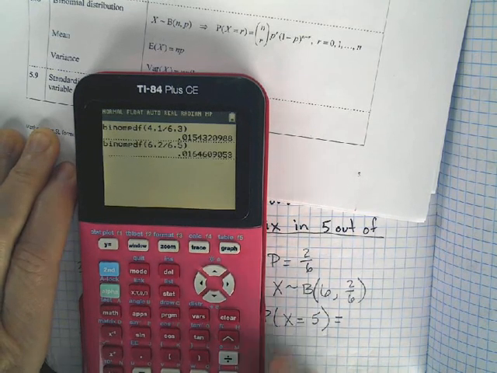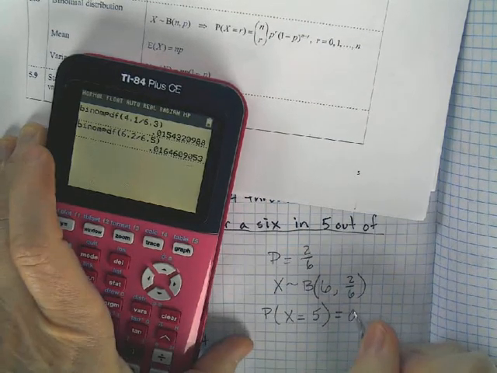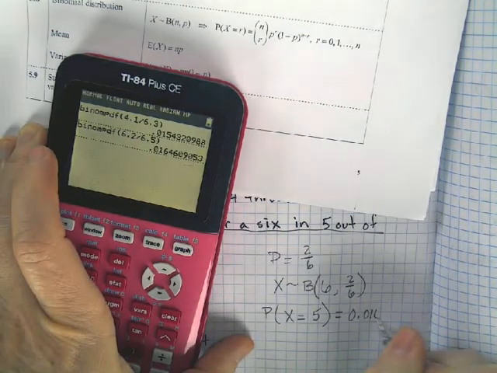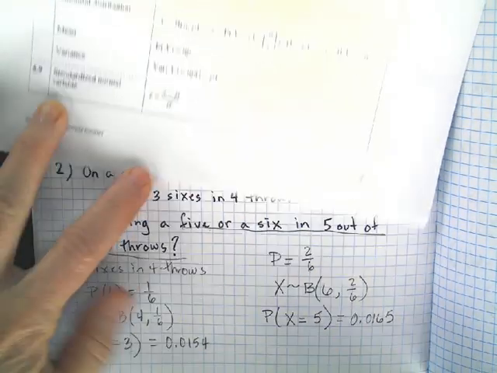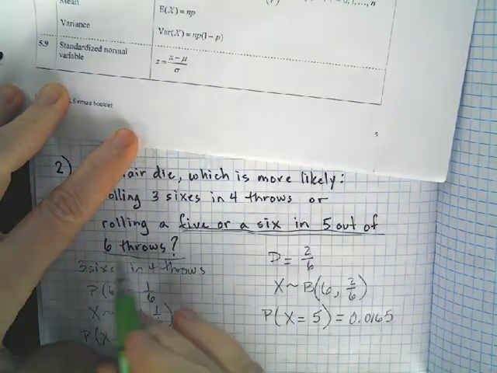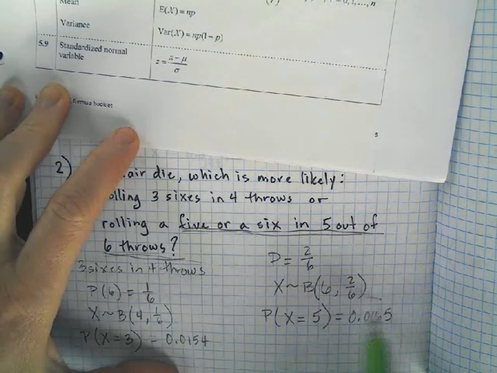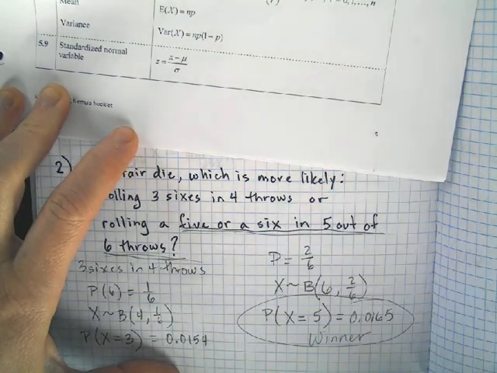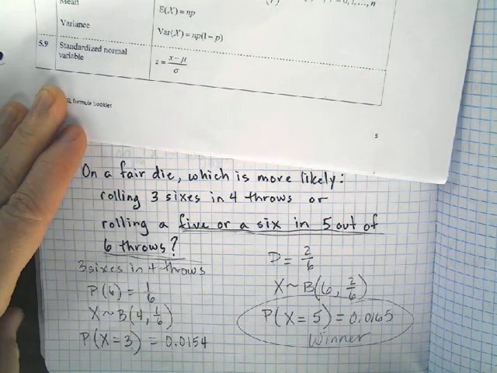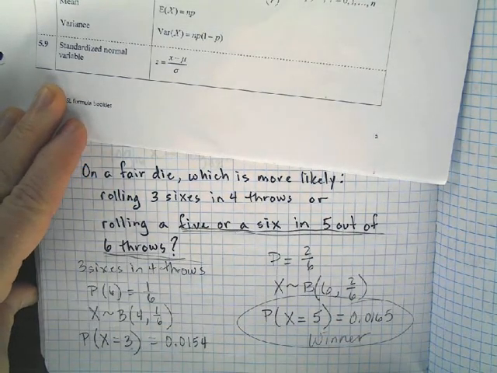And I get 0.0165. So what's more likely to happen? This one's more likely to happen. So this is my winner. That's a bigger number: 0.0165 is bigger than 0.0154.